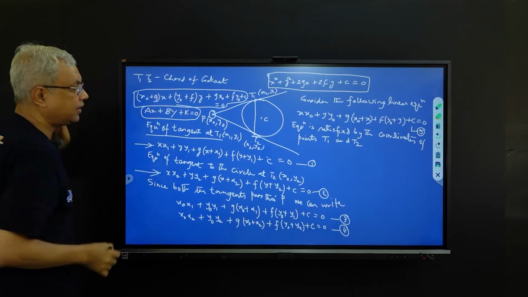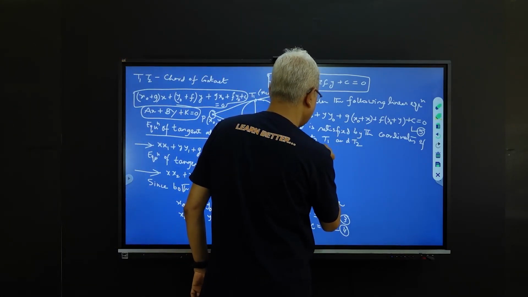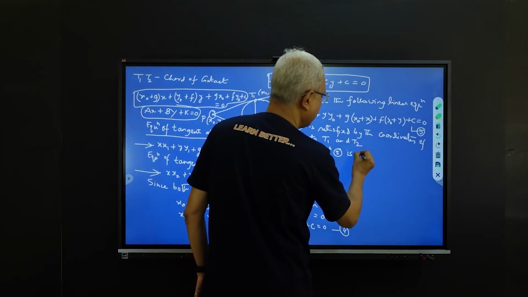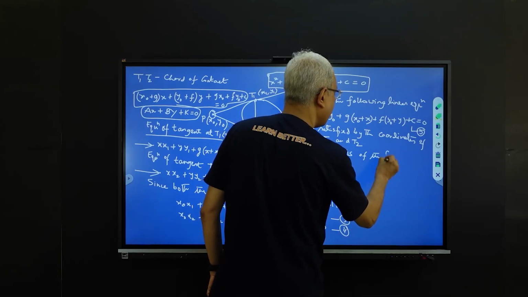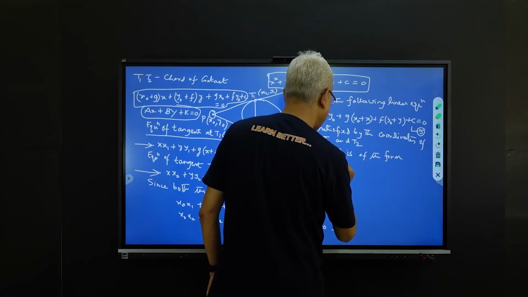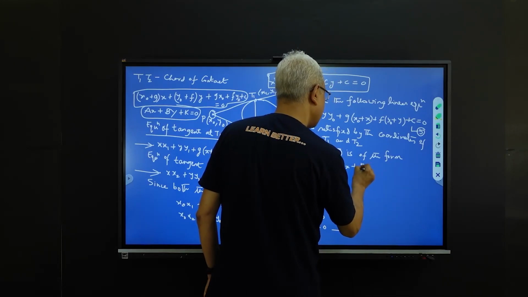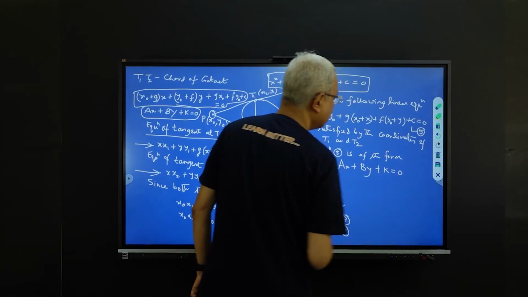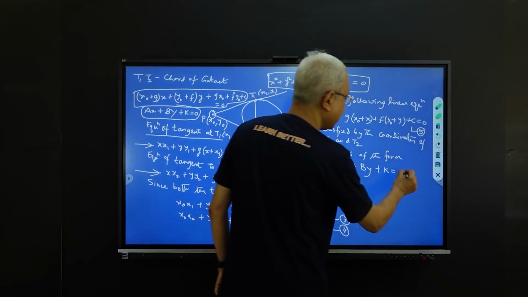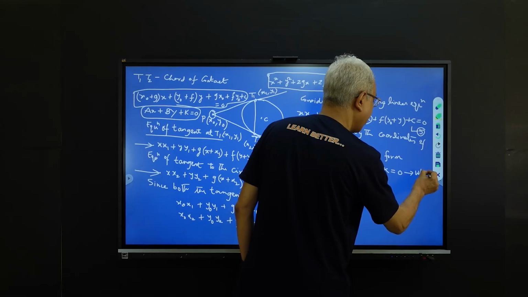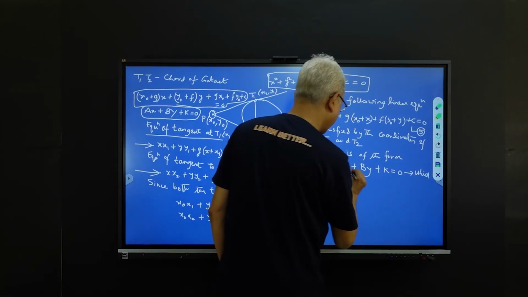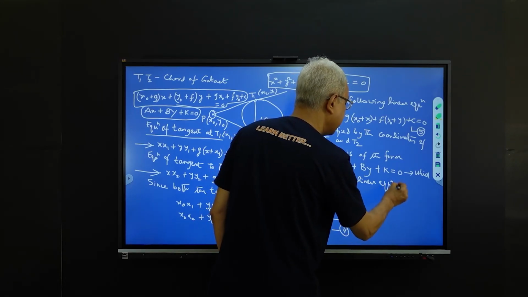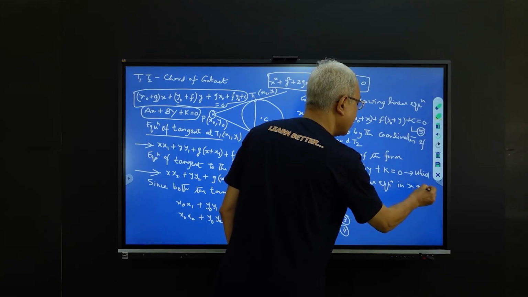So equation 5 is of the form ax plus by plus k equal to 0, which is a linear equation in x and y.